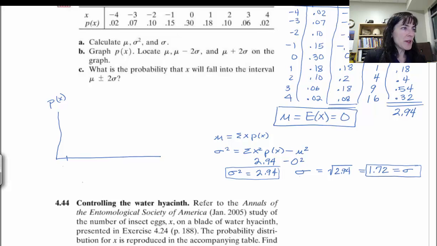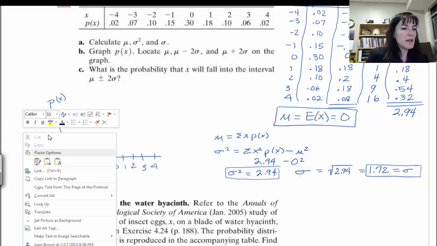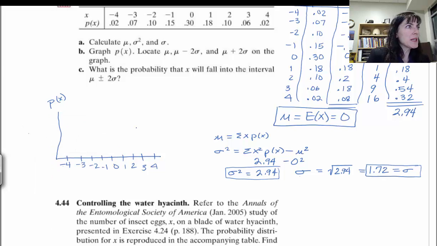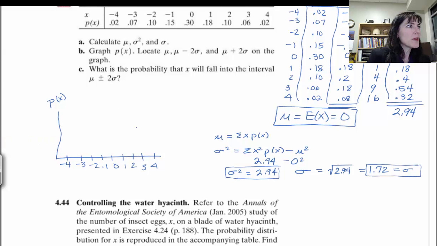And in terms of the x values, I need to start at -4, -3, -2, -1, 0, 1, 2, 3, and finally 4. And then on the y-axis, this will be 0.1, 0.2, and 0.3.